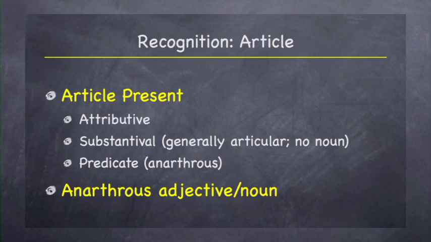Okay? So we have the articular use for attributives, substantives, and sometimes with adjectives in the predicate when the subject has the article. And then we have anarthrous uses where there's not an article with the noun or the adjective, and you just have to go with context and see what makes best sense.